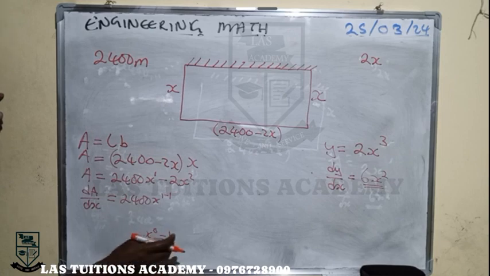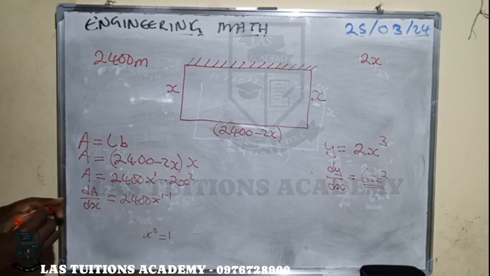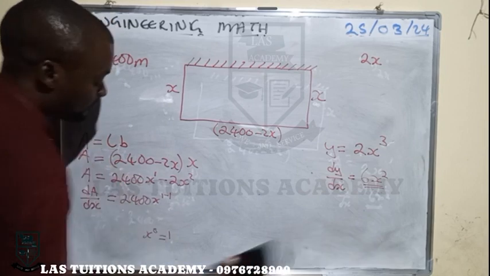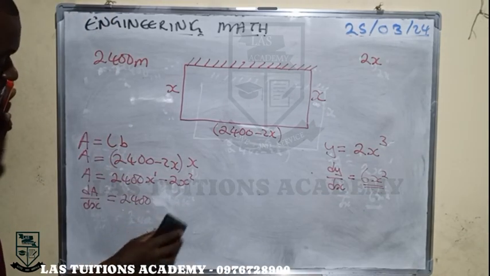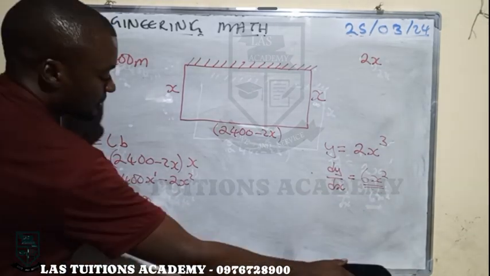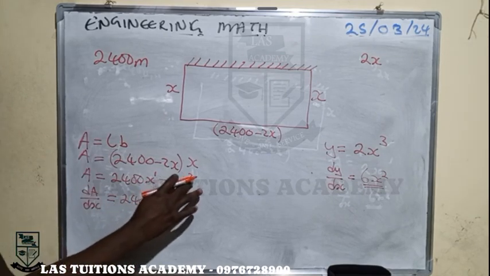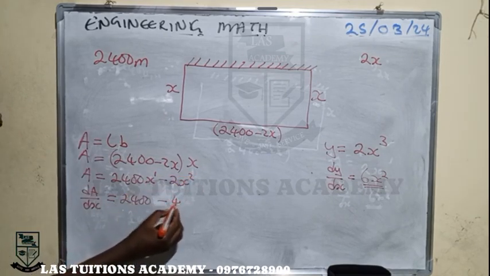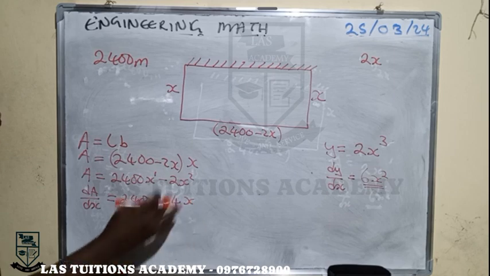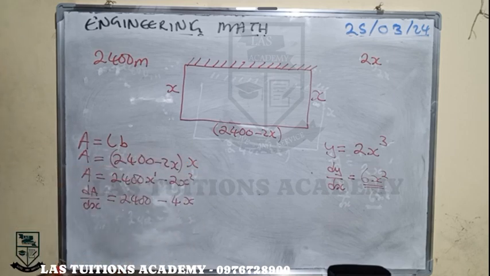So 1 times 2400, we are simply going to get 2400 here. Okay? Minus 2 times 2, we get 4x. When we subtract 1 from the 2 there, we just get 1 as the power. So that one remains like that.